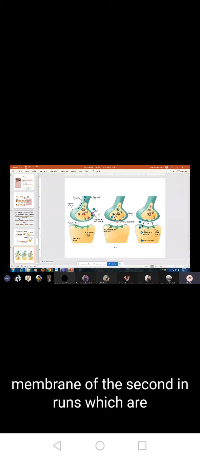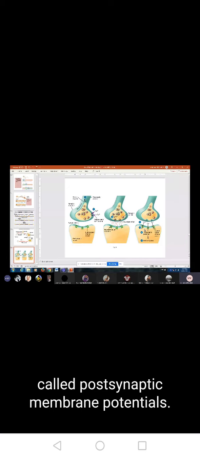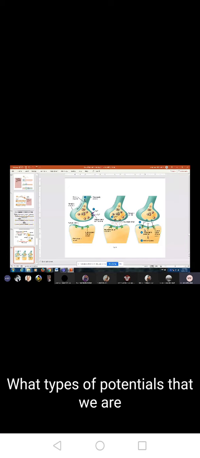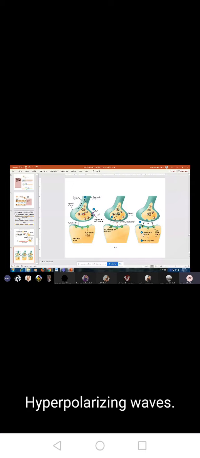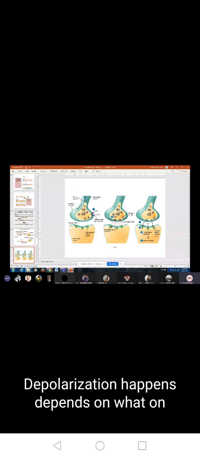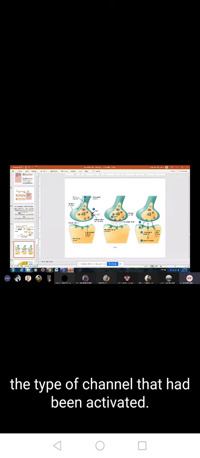postsynaptic membrane potentials. What types of potentials are we developing? Are they depolarizing? Are they hyperpolarizing waves? It depends. Depends on what? On the type of channels that have been activated. If you have activated sodium channels, what are you getting? Depolarization.